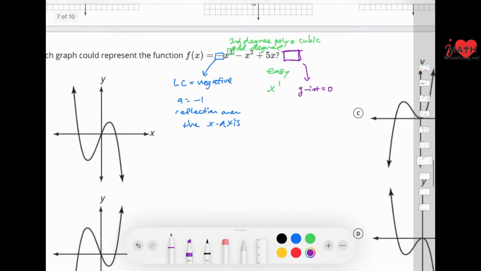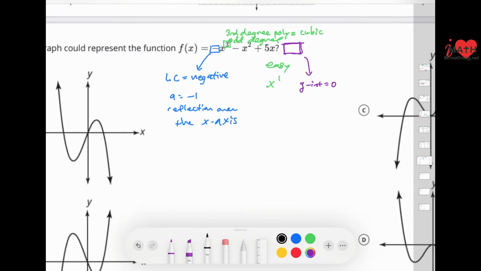Okay, so let's construct our own graph. This might be helpful. Like I said, the easiest we know usually starts down and ends up as you go left to right.